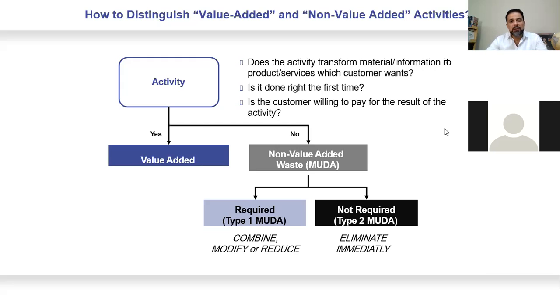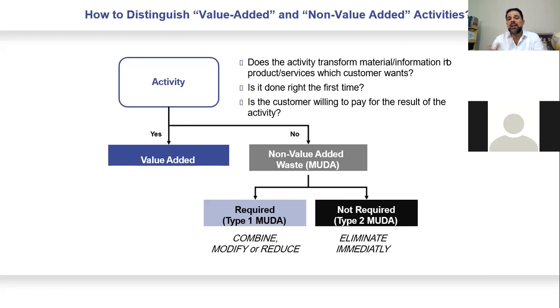And the waste in lean is called muda. There are two types of waste. One is essential, required waste, that we cannot eliminate, but we can reduce it.